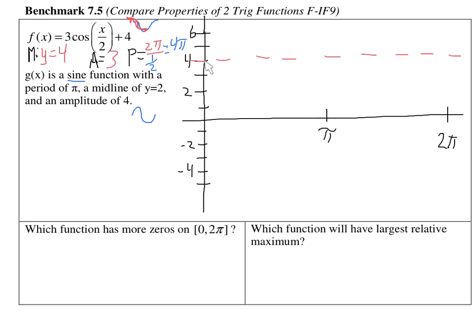Aren't we going to go from here up 3? Won't that give me my maximum? And over here, aren't you going to hit right in the middle? So you're going to go like this, and then it goes down 3. What's 3 down from 4?